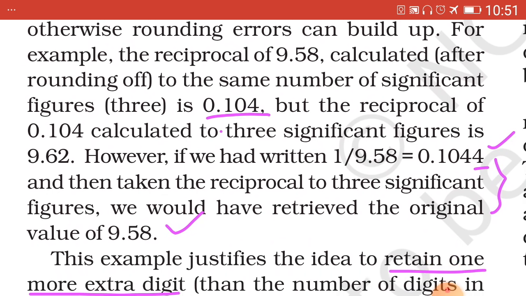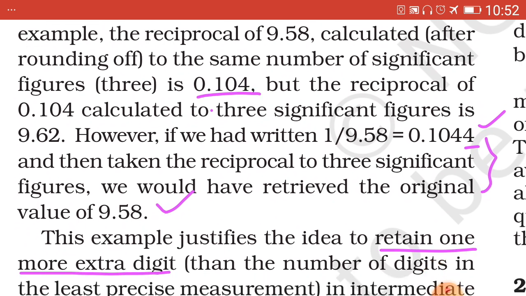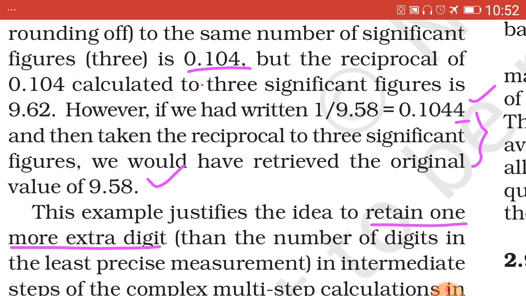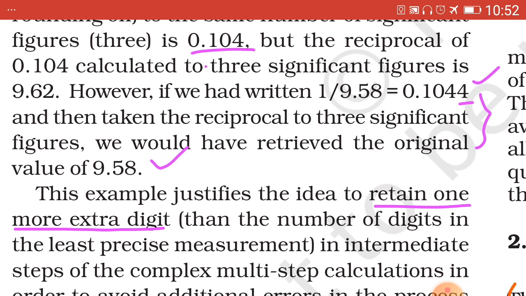Hence, if we retain one more significant figure in the intermediate step, that is, if we divide 1 upon 9.58, which is equal to 0.104 taken previously, another digit 4 which is recurring, you should consider, and then if you consider one more significant figure, that is 0.1044, one more than the previous case, then if you take 1 upon 0.1044, it will give exactly 9.58.